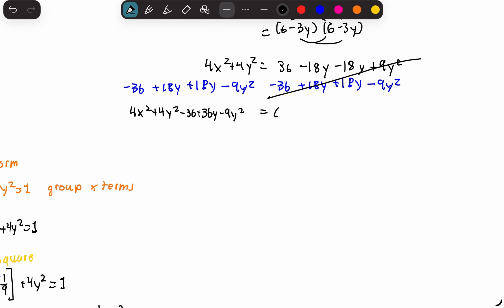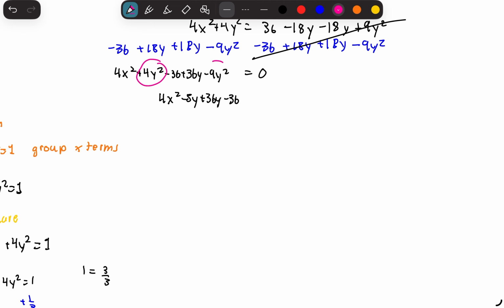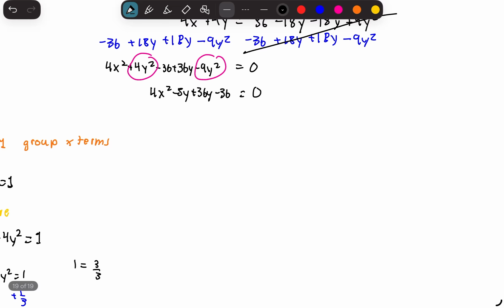And here what we can do is we can simplify this again. We're going to have 4x squared minus 5y squared plus 36y minus 36. Because what we can do is just combine that here, and you're just going to have that is equal to 0.